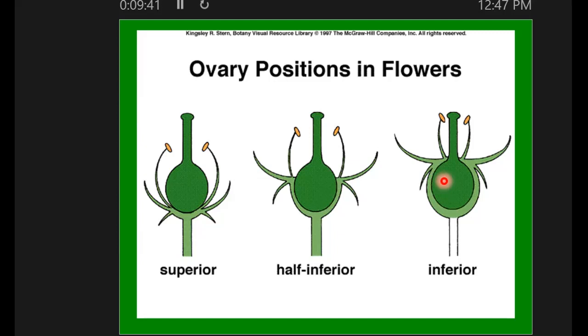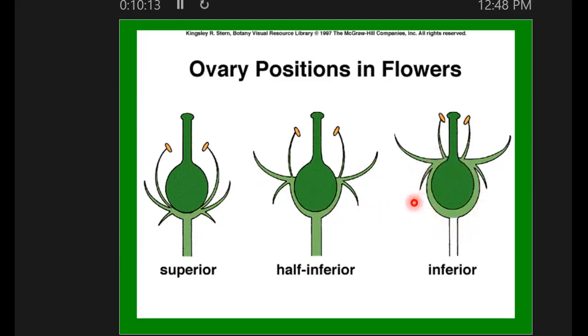The reason I want you to know this is that as you look at the evolutionary process and you look at ancient flower design versus more recent flower design in the evolutionary timeline, what you see is pretty distinctive. Ancient flowers tend to be superior ovaries. And then as you work your way along the evolutionary timeline up to current time, the flower design starts to drop where the ovary gets inferior.